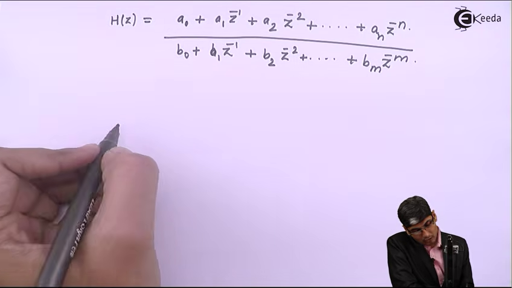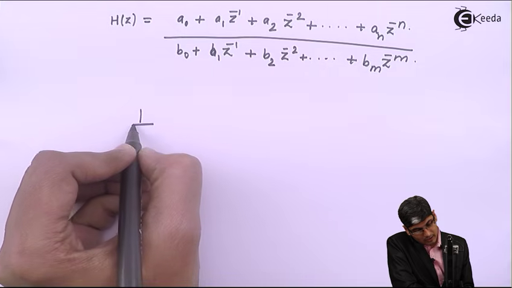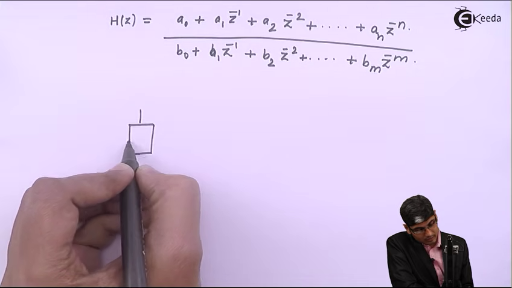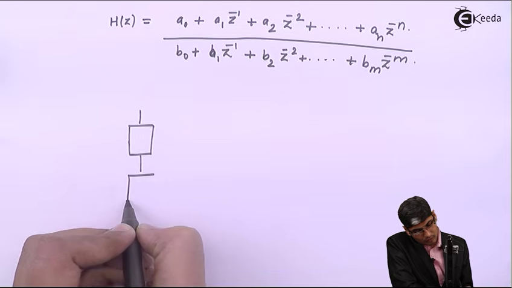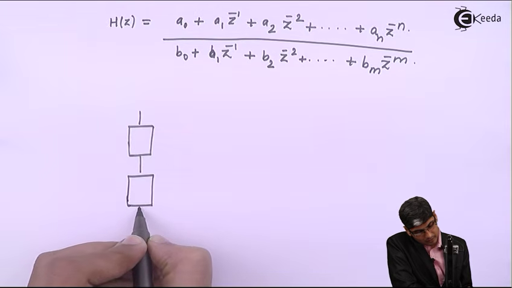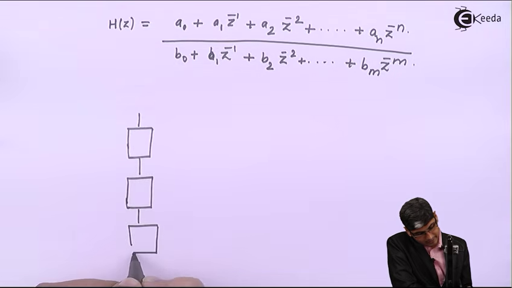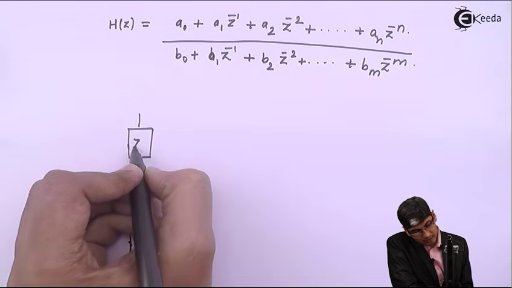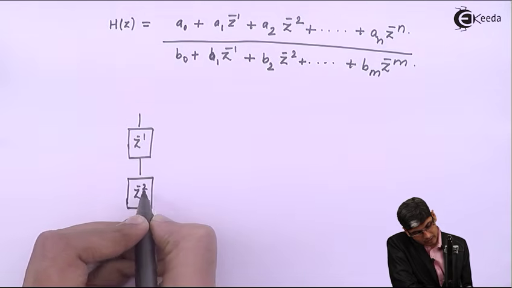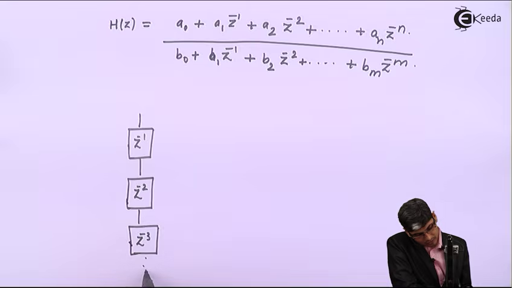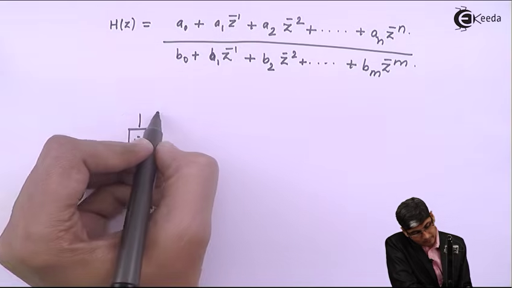Then how will I draw? I will draw a series of z inverses. So for the numerator I will draw on the left hand side. It will be like z inverse, z raised to minus 2, z raised to minus 3 and so on till z raised to minus n.